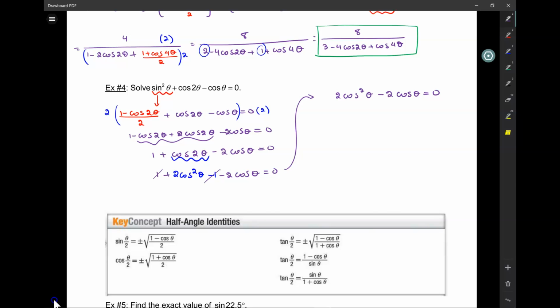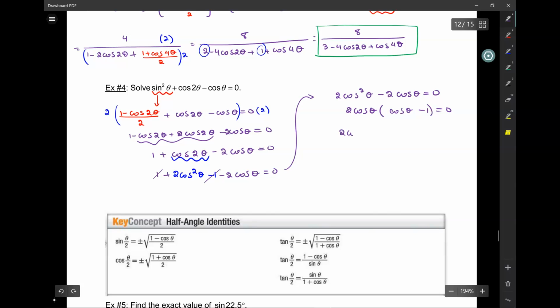You can take out a 2 cosine theta. And I have now cosine theta left minus 1. Right? And now this is the zero product property.